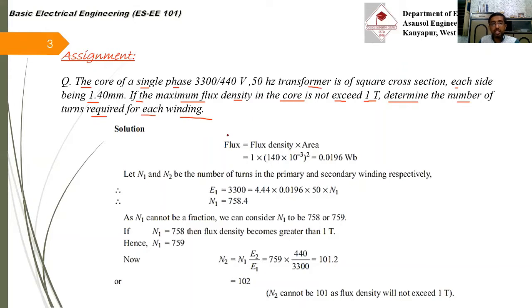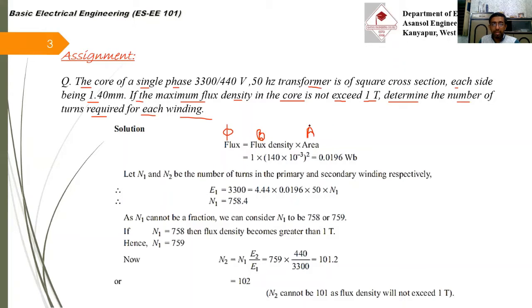Now, what is flux? Flux is the multiplication of flux density into area, right? Now, the flux density value, that means B, is already given.